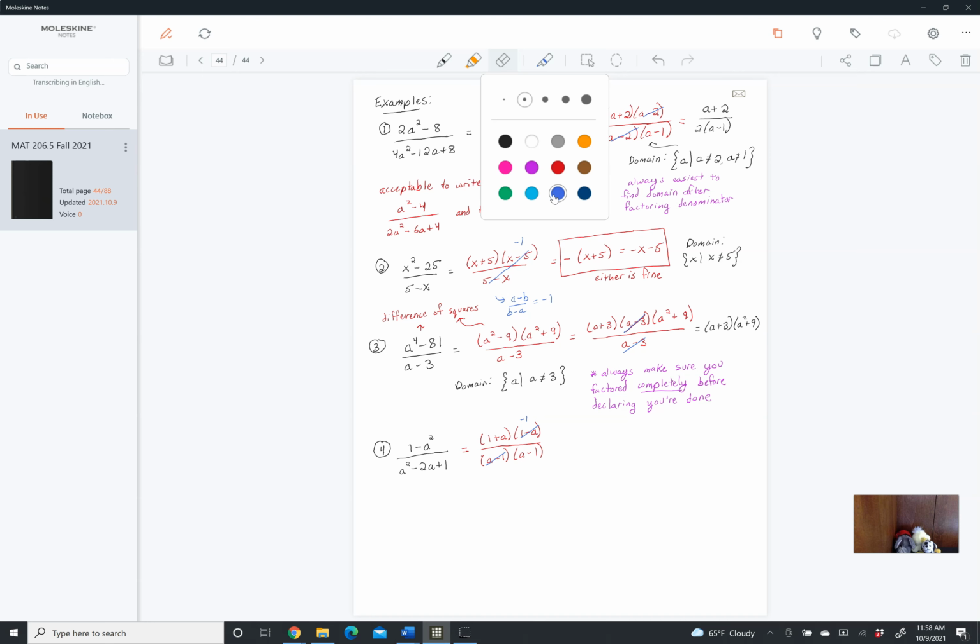Okay, there's nothing to do. So this is just equal to negative 1 plus a. You can distribute the negative, but you don't have to, over a minus 1. Where the domain is a not equal to 1.